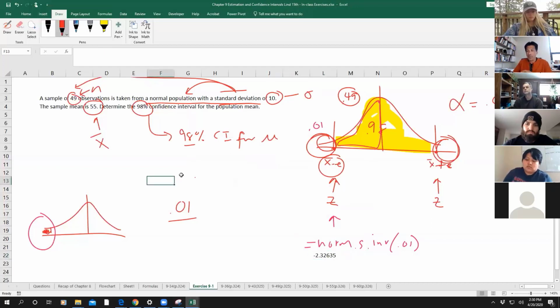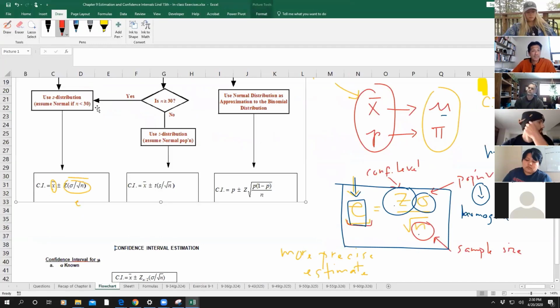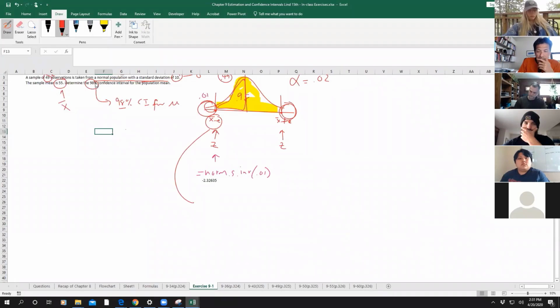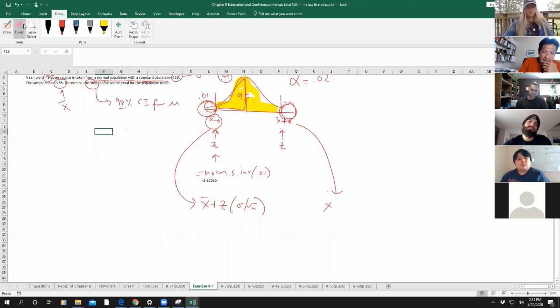Now we compute the confidence limits using the formula that we see in this flowchart. This one says x bar plus z times sigma over the square root of n, and this one, sorry, is not plus but rather minus.